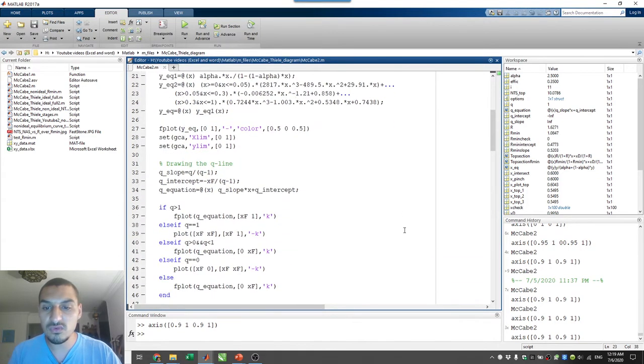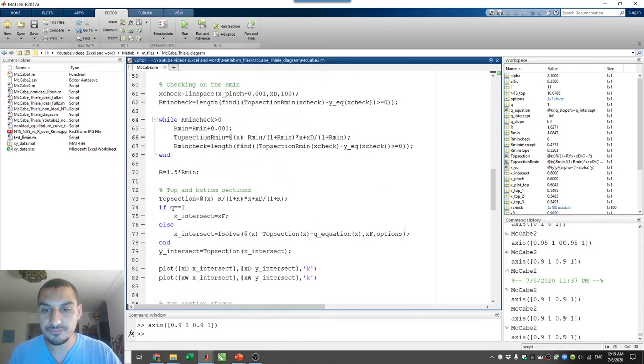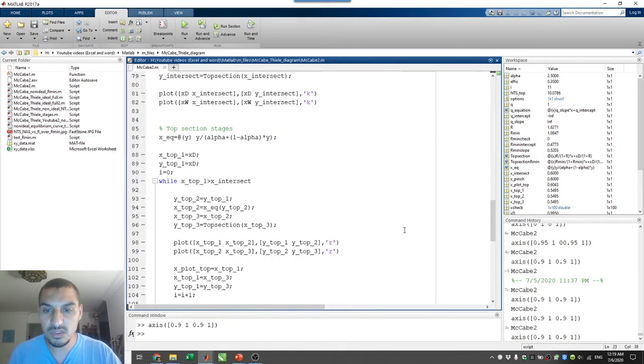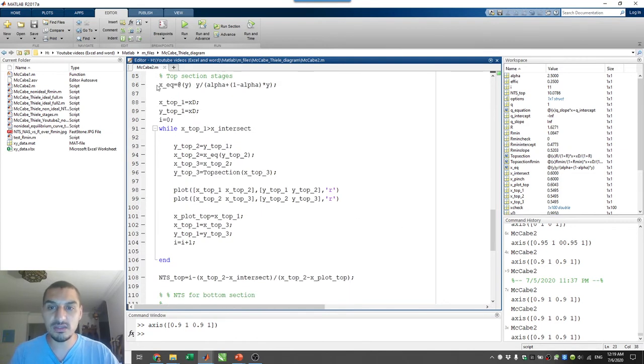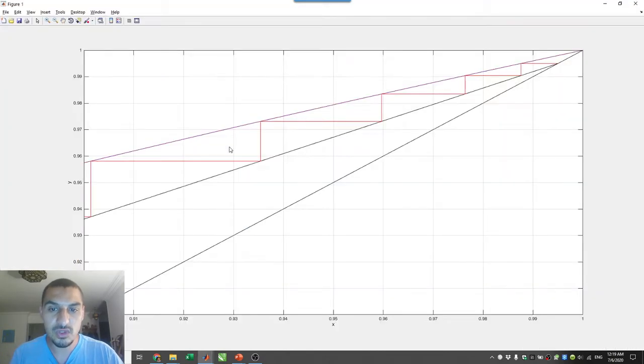If you go through the steps that we were using to calculate the top section stages, this is the x equilibrium, which is x as a function of y. And we put the top section 1 and 2, and we already went through it. So this is y top 2 equals y top 1.